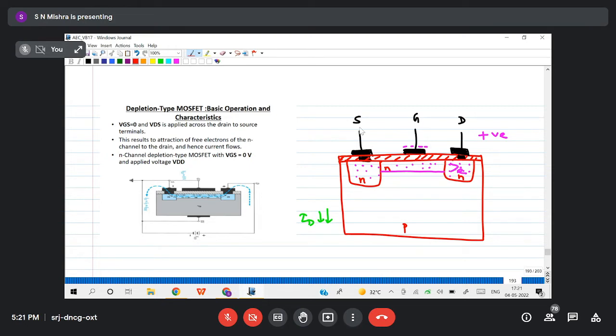So first, you see this figure, this is also written here. So VGS is 0 volt, and this is my substrate, I'll short it here also. Okay, so gate to source voltage is 0.